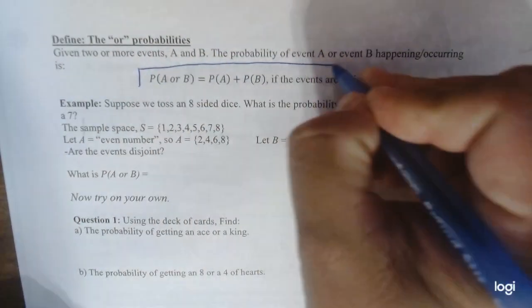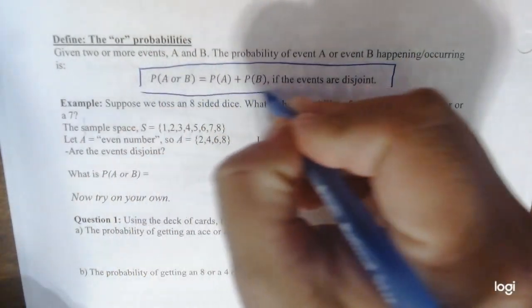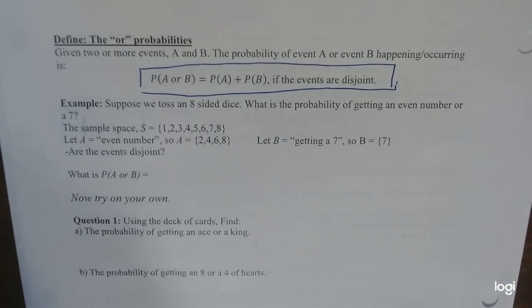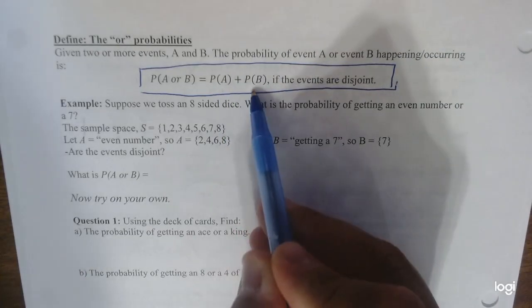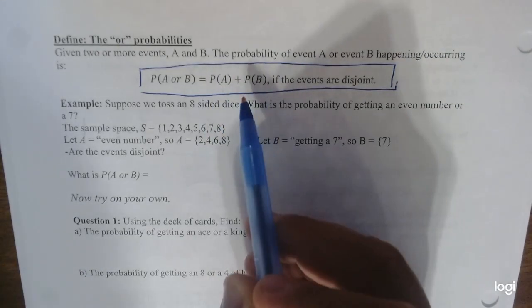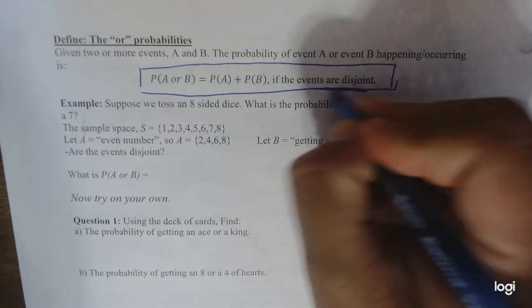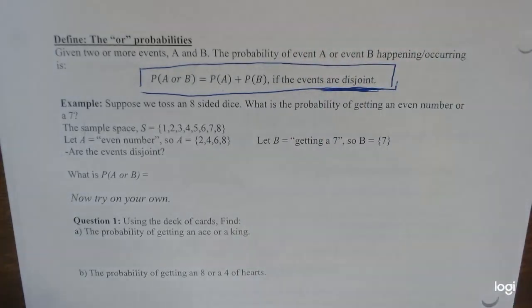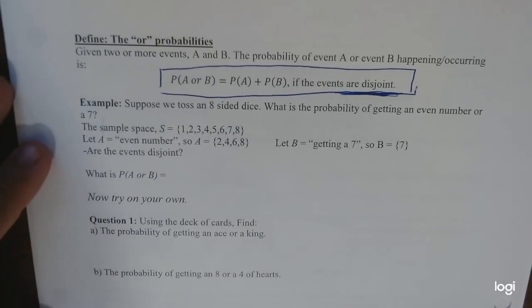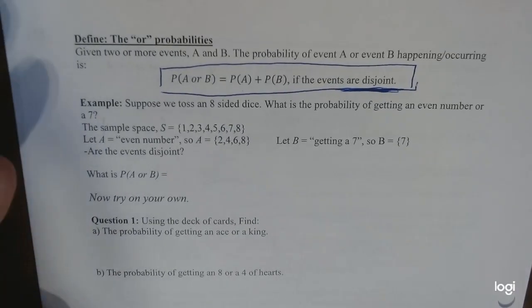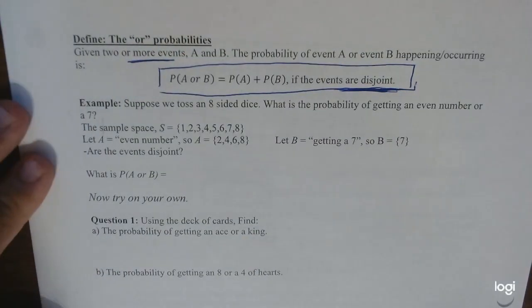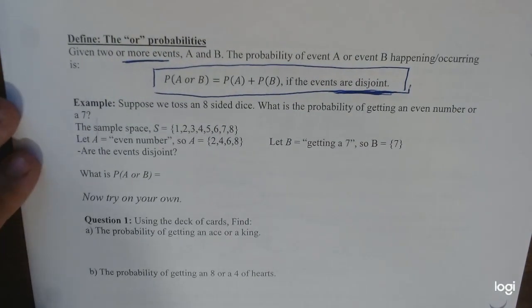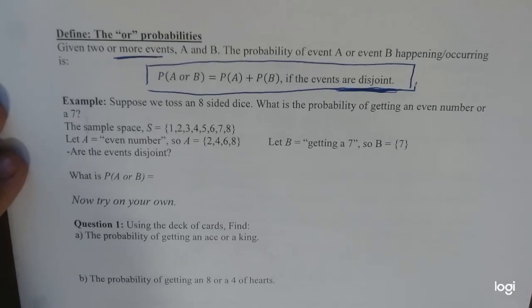The probability of A or B happening is equal to the sum of the individual probabilities put together: the probability of A plus the probability of B, if the events are disjoint. It doesn't always have to be two events; it's two or more, which we'll talk about in a little bit.